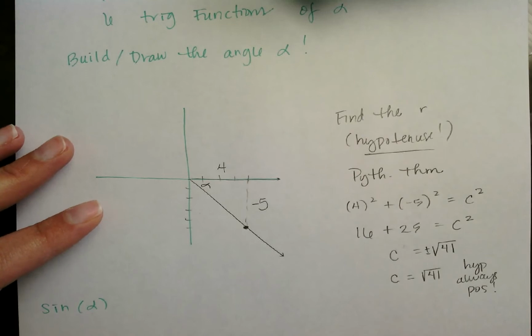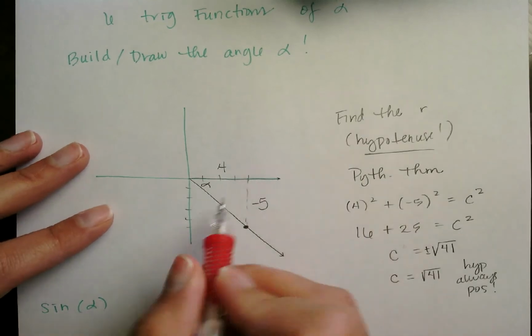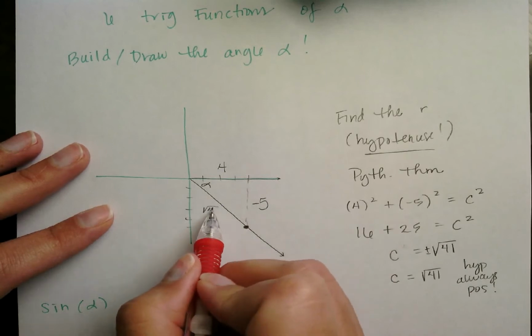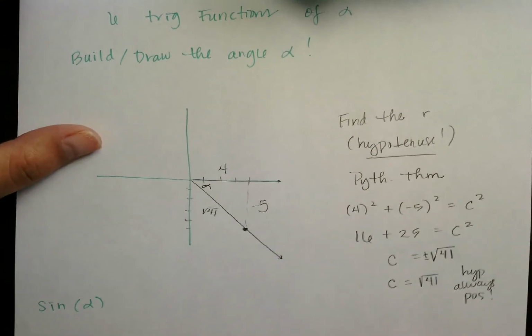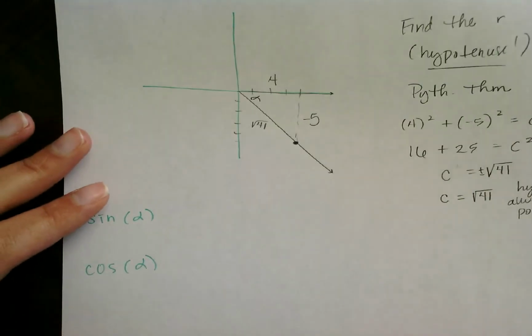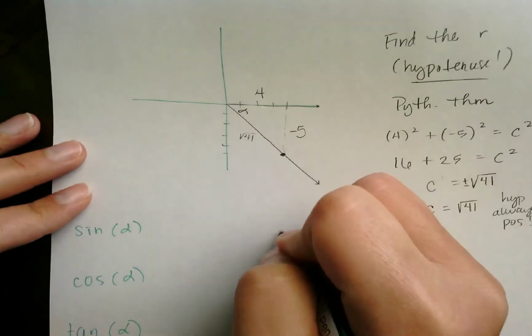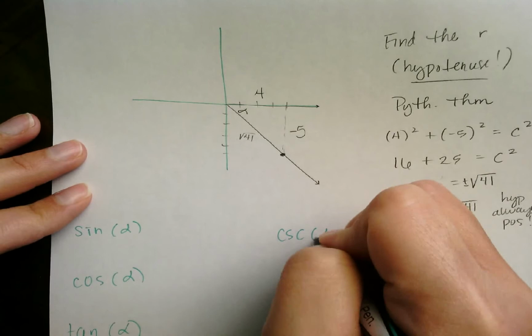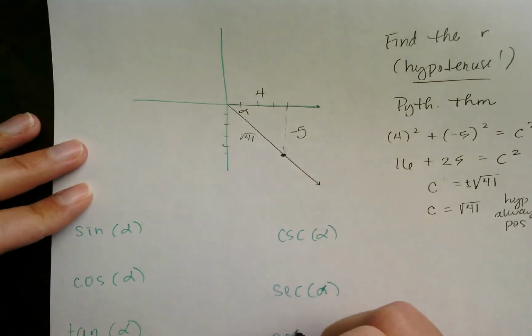So it is the square root of 41. Now that we have our triangle built, we can get our 6 trig functions: sine, cosine, tangent of alpha, and then cosecant of alpha, secant of alpha, and cotangent of alpha.